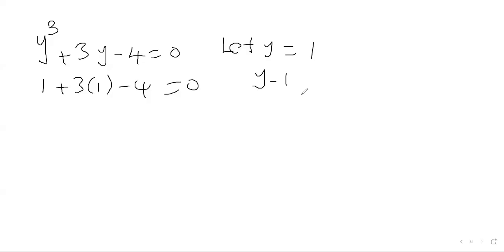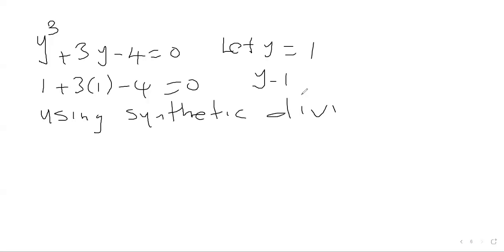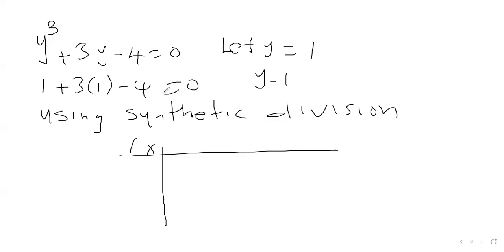So if we move to using synthetic division, remember, this part here, you use the actual value of y, which is 1, and here there's multiplication, and then we go back to our function, y to the power 3 plus 3y minus 4.